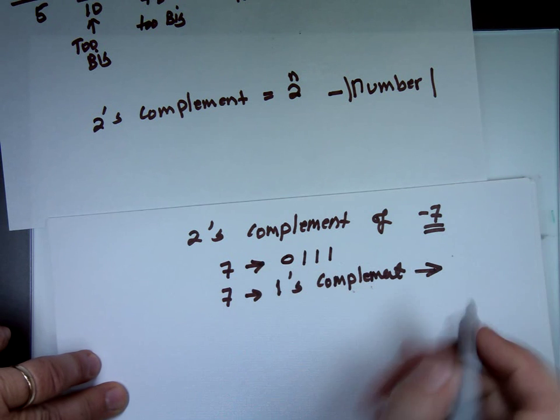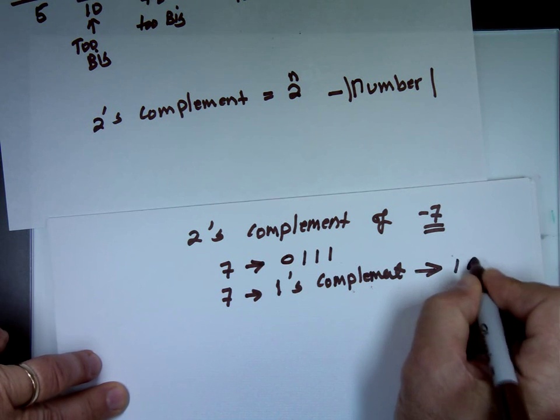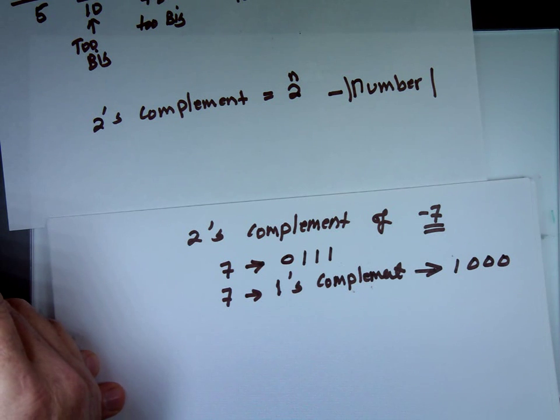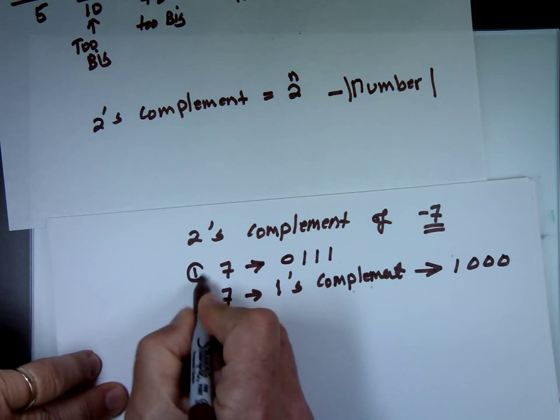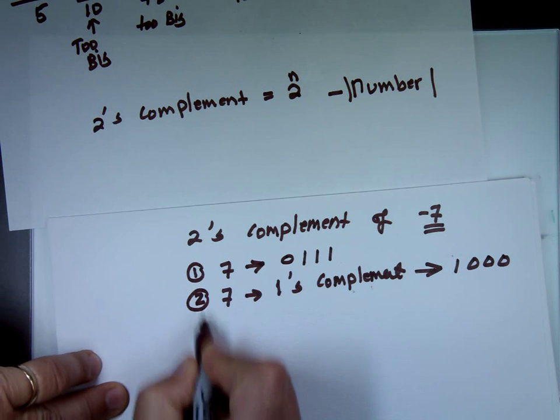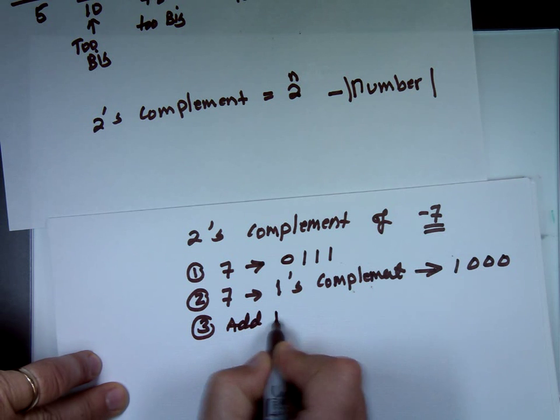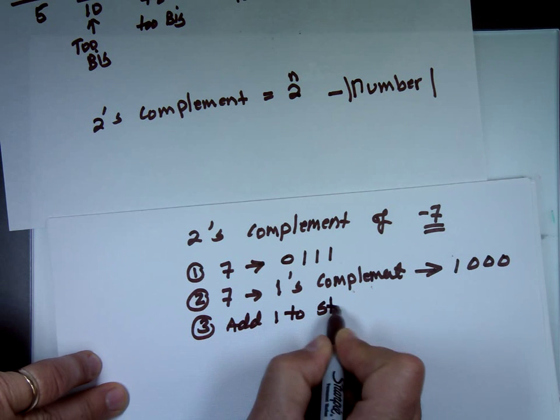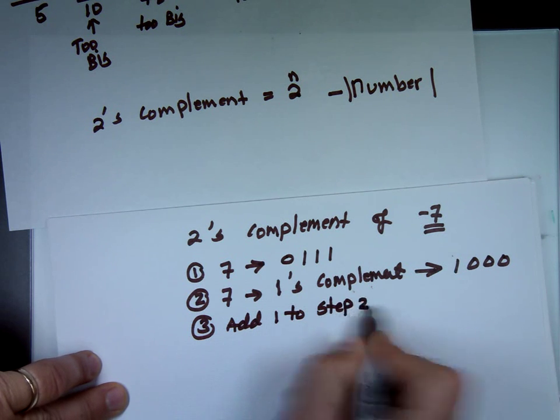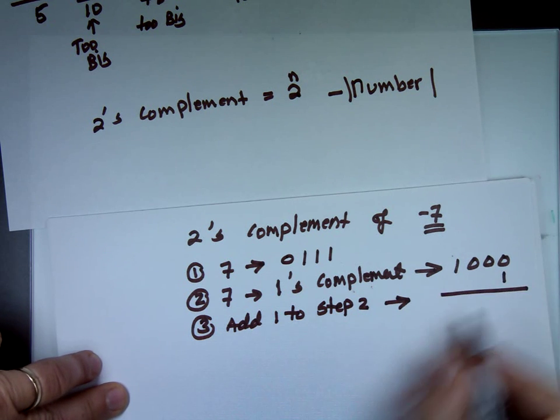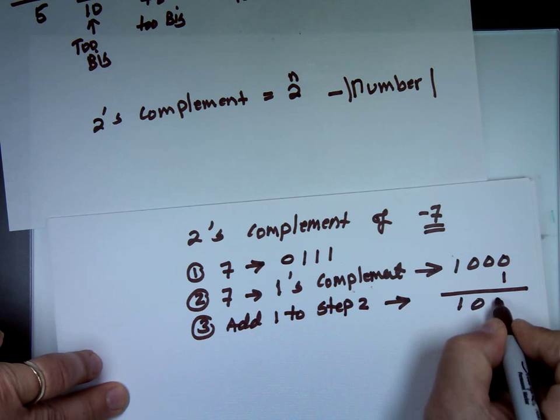You'll have what? 1, 0, 0, 0. So that's step number 1. That's step number 2. Step number 3, add 1 to step 2. Let's add 1. When you add 1 to that answer, what do you have? 1, 0, 0, 1.